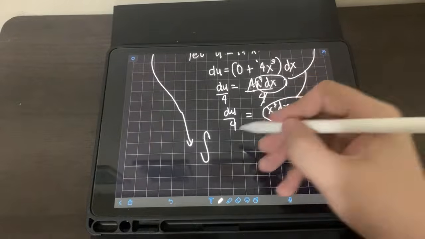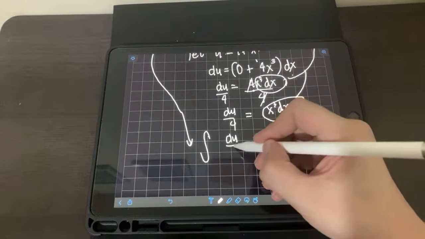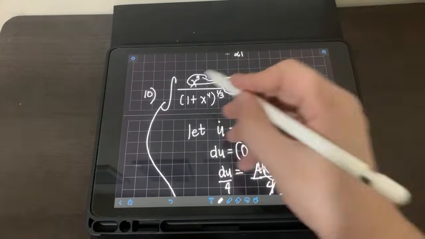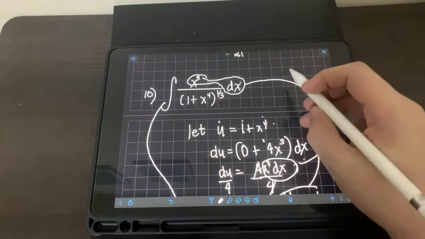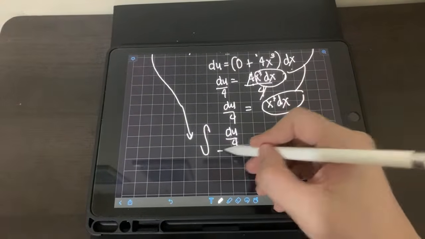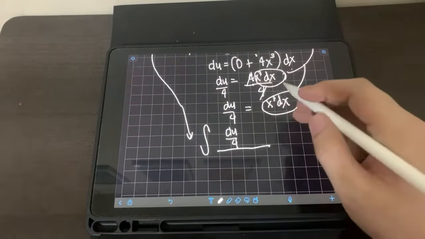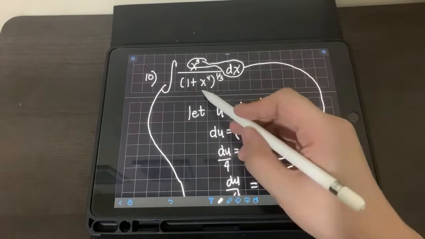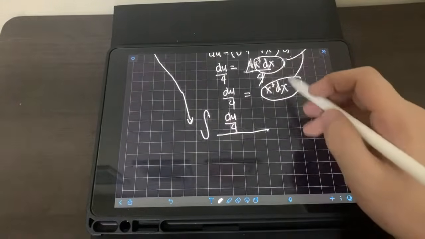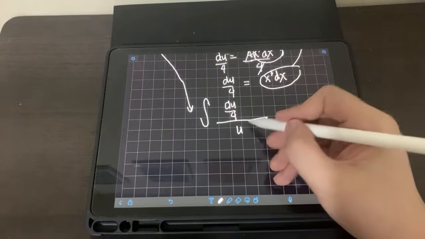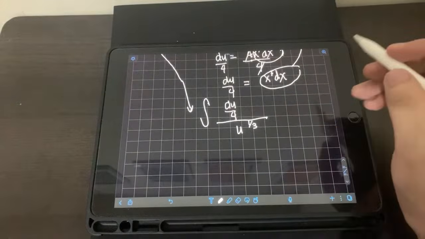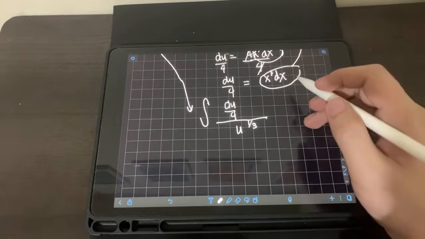Let's substitute. So, it becomes the integral of, so this x cubed dx is equal to what? du over 4, right? So, du over 4, and then we have over 1 plus x to the fourth raised to 1/3. What is 1 plus x to the fourth? It's u, right? Okay. So, we have over u, and it is raised to 1/3.